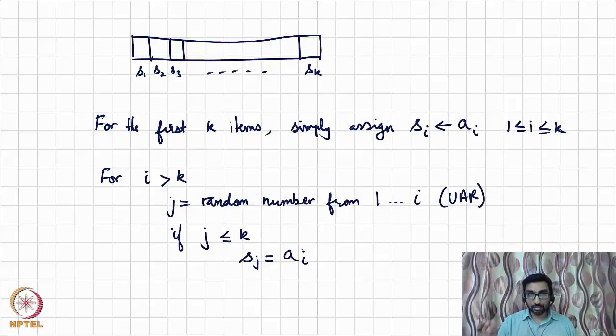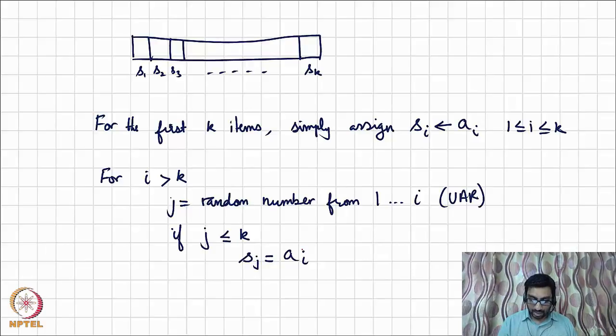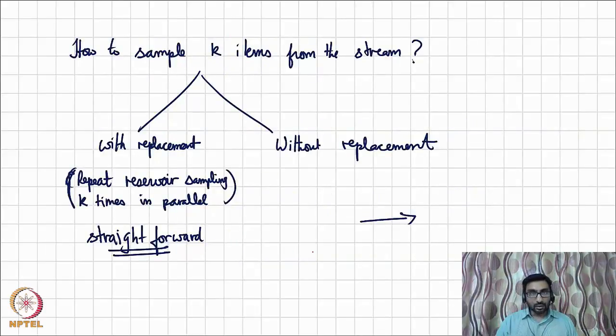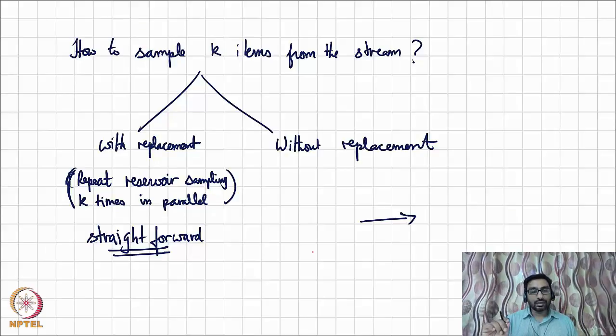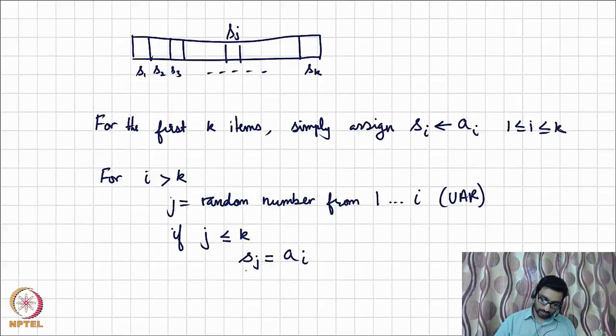So if the random number j is less than or equal to k, Sj is somewhere here, and we replace the contents of Sj with ai. That's what we do here.